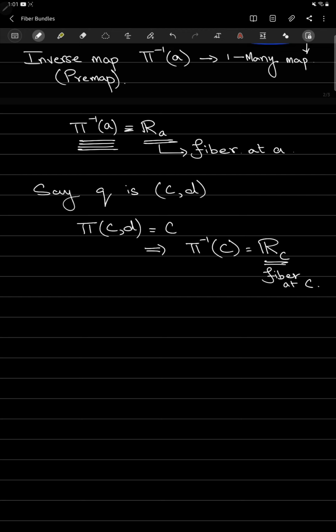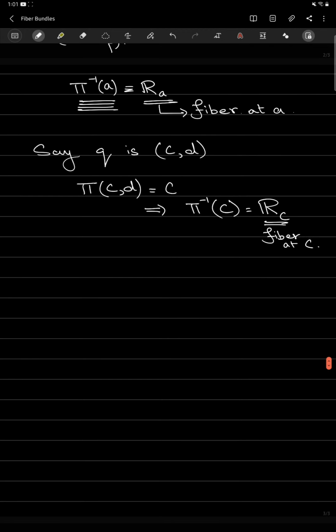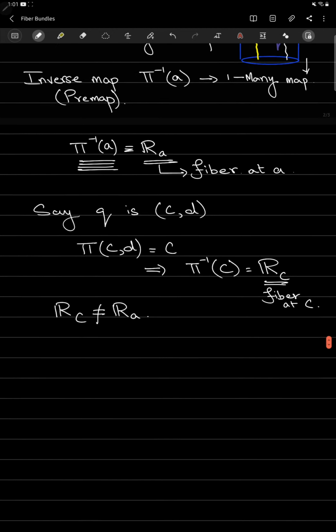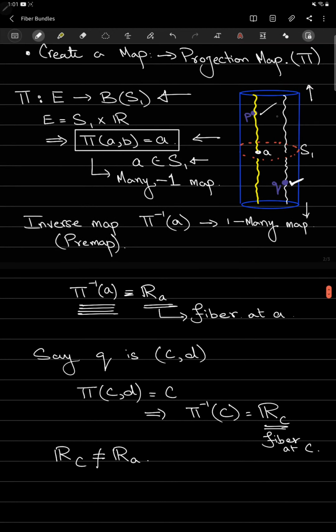Perfect. Now note over here that RC is not equal to RA, right? You can clearly see that visually: RA is this yellow line, and RC, if I have C over here instead of Q, is this white line. You can see that they are not equal.